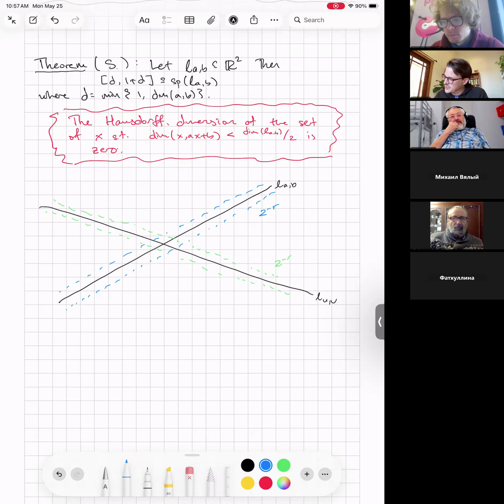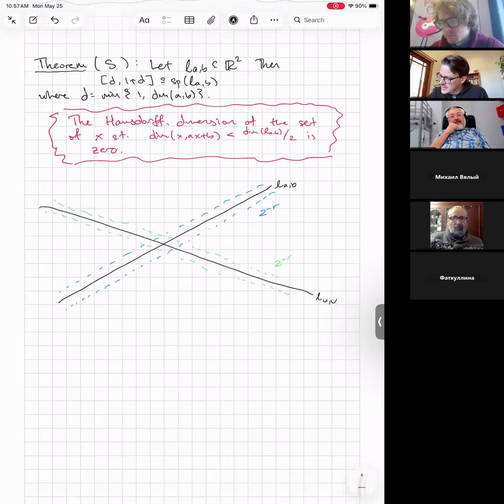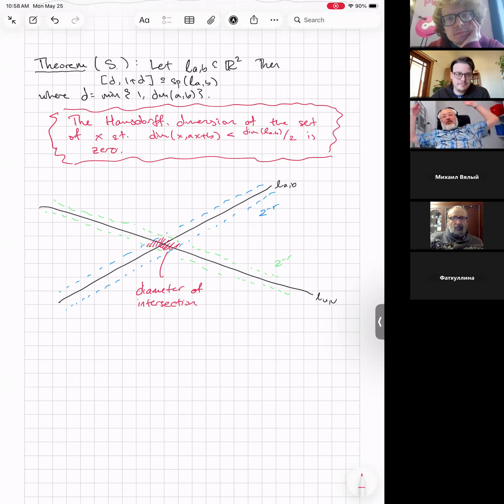If you think about this, what we're really asking for is what is the diameter of the intersection of these 2 strips? It obviously depends on the difference between A and U, and it should be in the denominator, and otherwise it's more or less constant. Right, exactly. So this is completely determined by the angle these lines are making.